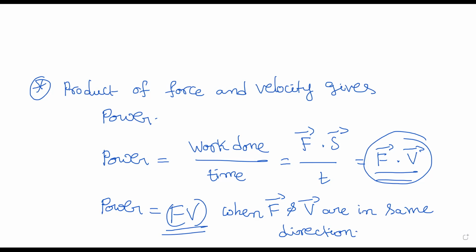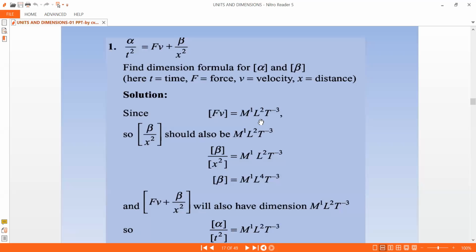So here you go. This is the dimensions of power, right? Let us say f into v is power. Then beta by x square should also be power, because power can be added only with power; like quantities can only be added. And alpha by t square should also be power.